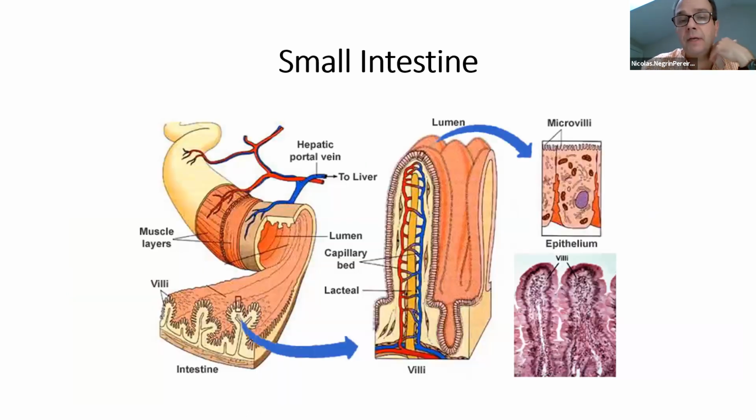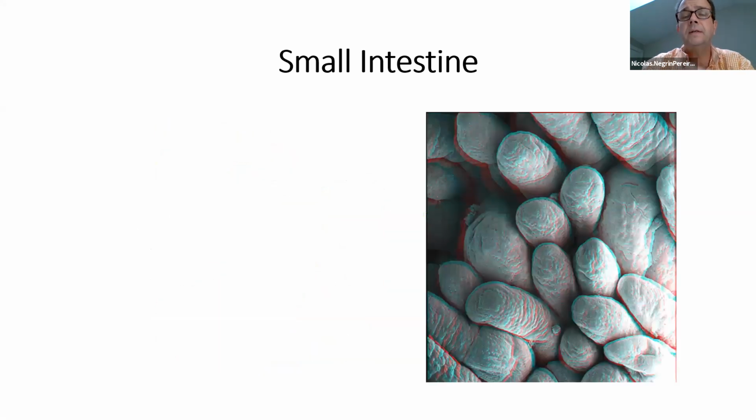Here we have another diagram which goes from the macro anatomy to the microanatomy, showing how the different curves of the intestine contribute to increasing the length. Normally an animal will have several feet of length, depending on the size of the animal, followed by the villi and the microvilli, which line the epithelial cells in the intestine.